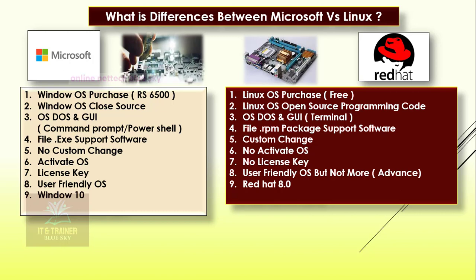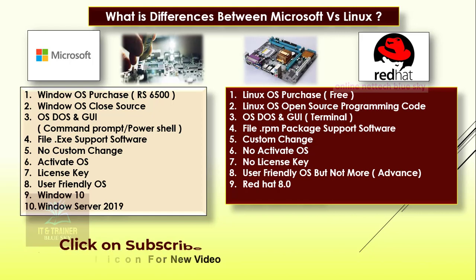Okay, so you can see here it is the same in server technology. Windows launched Windows Server 2019 operating system at this time. Okay, this is server technology, a server operating system, not a desktop, and a different type from the private operating system you use on your computer, desktop or laptop, which is a local operating system. So there are two parts to any operating system: first is a server, second is a local system.